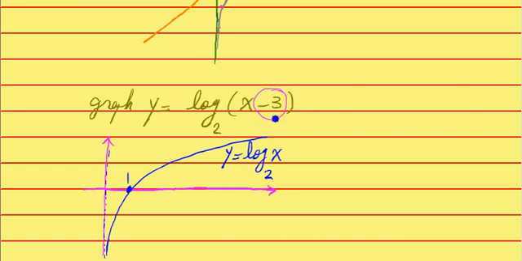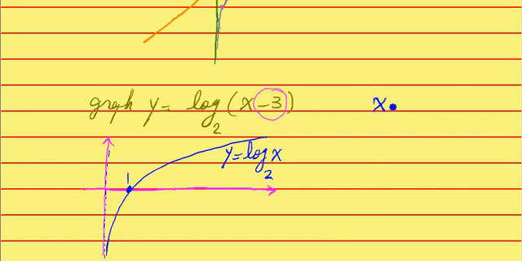Now, adding minus 3 to x, what is the influence of that on your picture? One discussion we had in section 1.3 was that if you replace x by x minus 3, that's going to shift the picture by 3 units to the right.